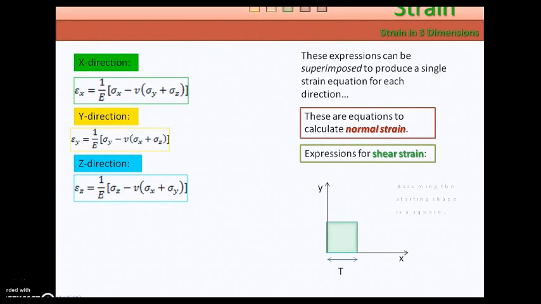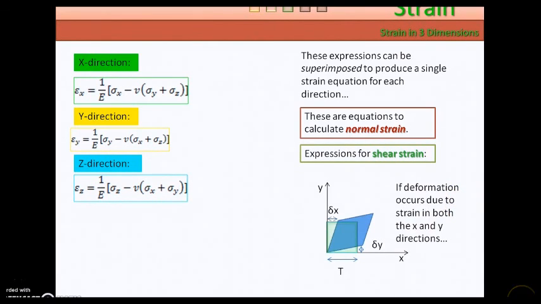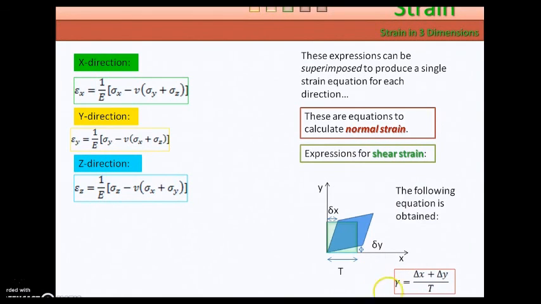The square deforms into what looks like a rhombus by lengths delta x and delta y, and if the sum of these lengths are divided by the initial length of one side of the square, which is t, then the shear strain, denoted by this gamma symbol here, can be found.